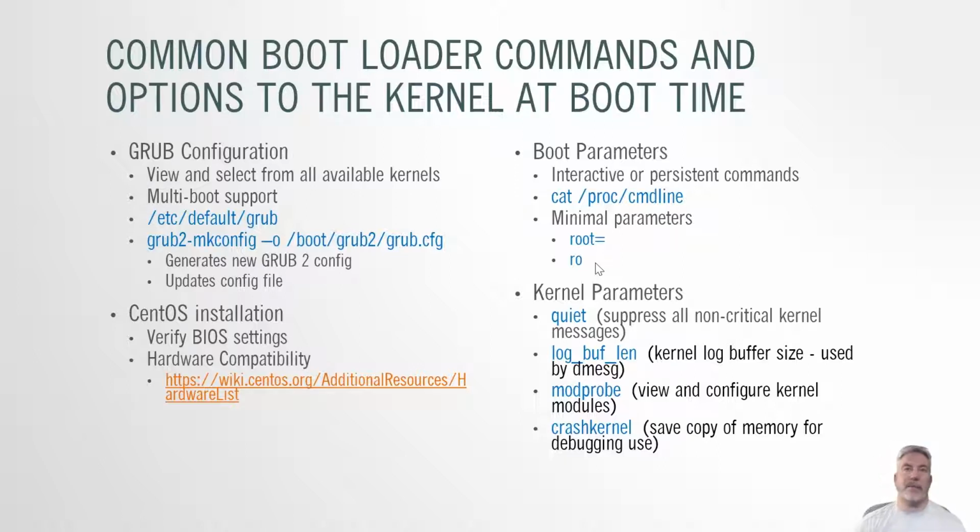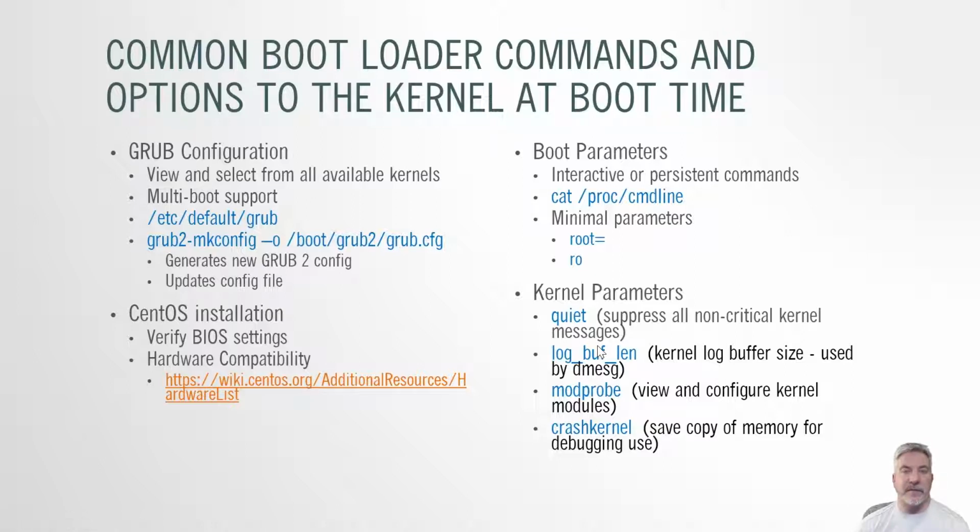And I have various parameters which I can specify for the kernel to suit my various needs. The quiet option is nice because, as it says, I won't see any messages that are not considered critical, which minimizes the amount of information I see on the screen or in my log files. I can also define the buffer size for the kernel log.